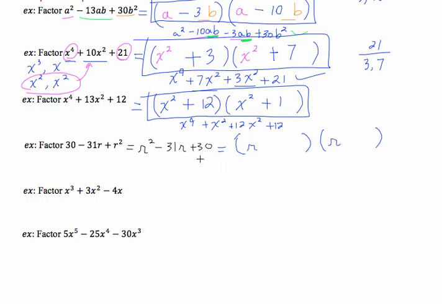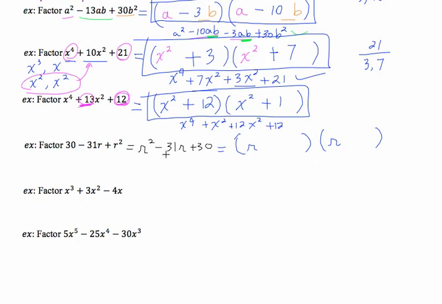Then we need two numbers that multiply to 30, yet add to negative 31. Now this is kind of like the one we just did in that the numbers have to add to one number greater than they need to multiply to. And if that's the case, we're just going to use this number times 1 because when you add this number plus 1, you get this number.